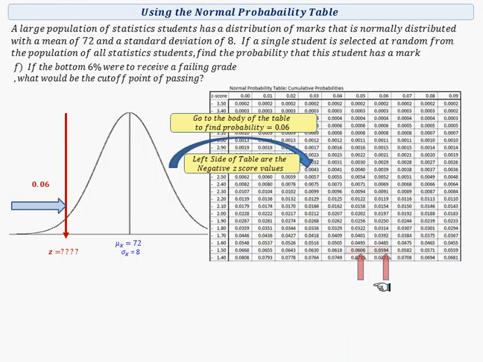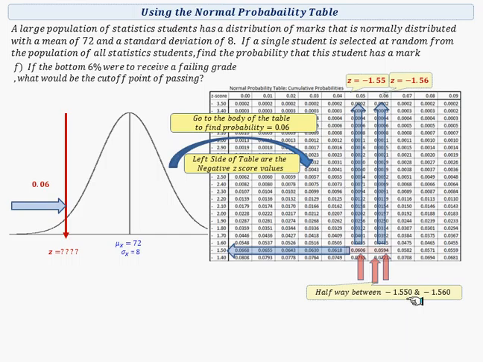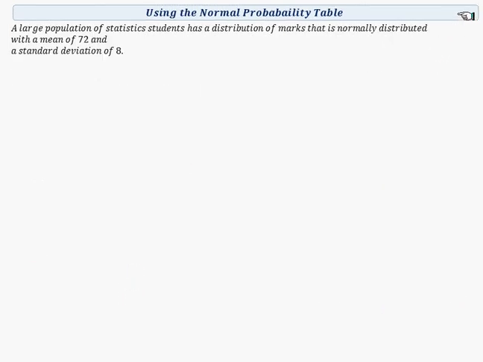And you can see here that 0.06 is sandwiched between these two numbers here, between minus 1.55 and minus 1.56, and 1.555 is halfway between. So the z-score would be minus 1.555. Putting that in the formula for z and cross multiplying, we find that x is 59.6, while the passing grade is 60%.